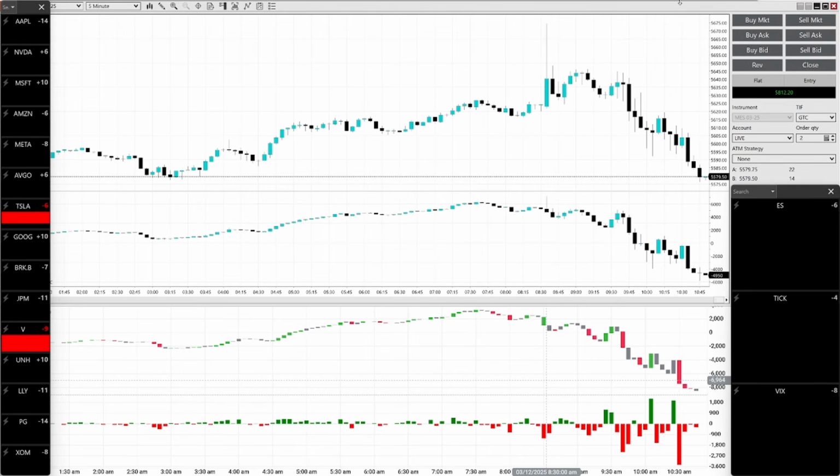Yep, I just put my cursor over the level. I think it's 55.71 is the level I'm looking at. Pretty darn close to it. I think we're really close to a major level.